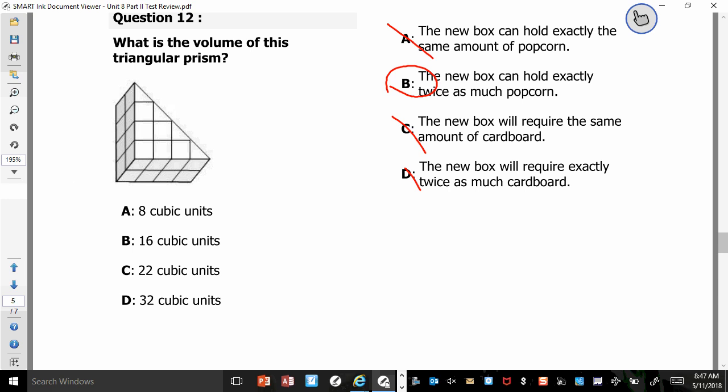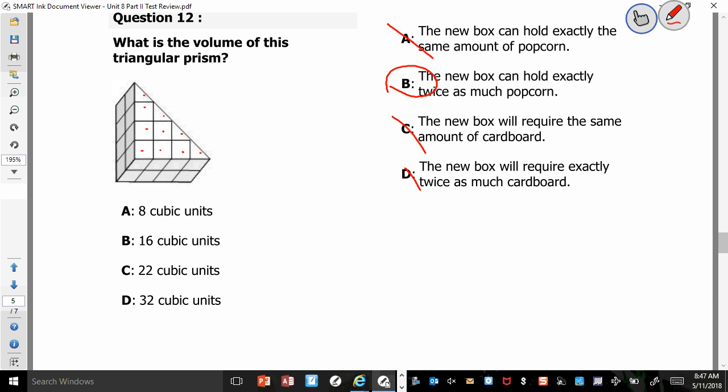You got 16 by counting. So you did what? You got 1, 2, 3, 4, 5, 6, 7, 8. And then there's 8 on the other side.